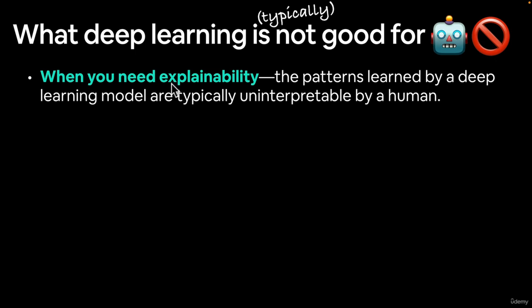So when you need explainability, as we'll see, the patterns learned by a deep learning model, which is lots of numbers called weights and biases, we'll have a look at that later on, are typically uninterpretable by a human. Some deep learning models can have 1 million, 10 million, 100 million, a billion. Some models are getting into the trillions of parameters.